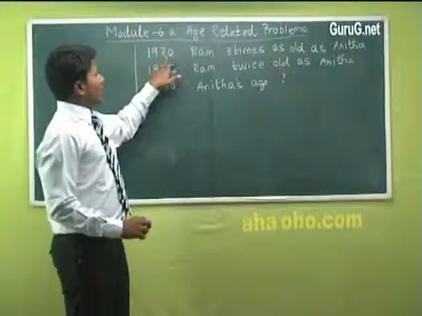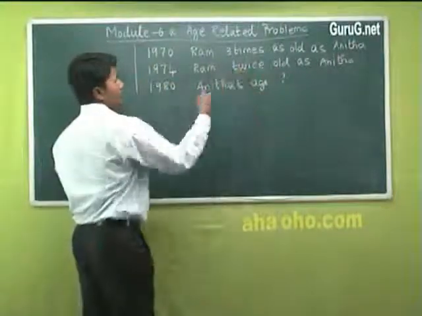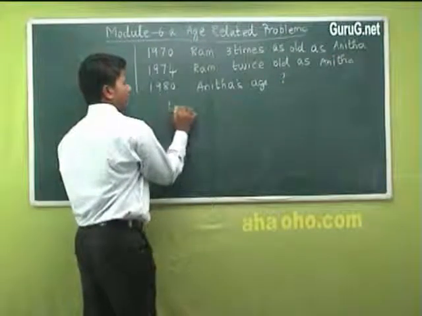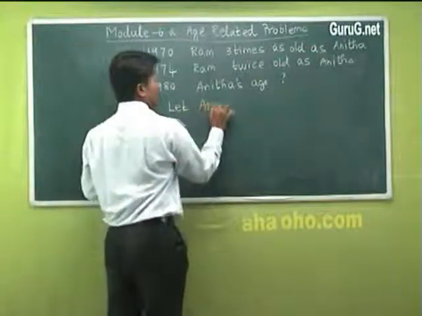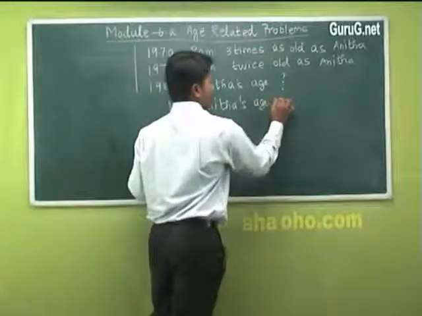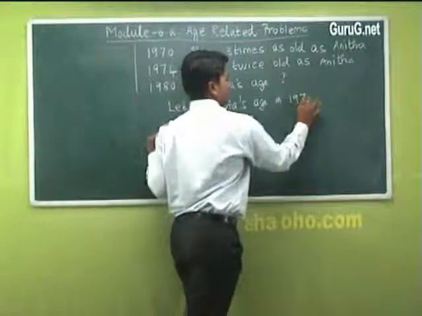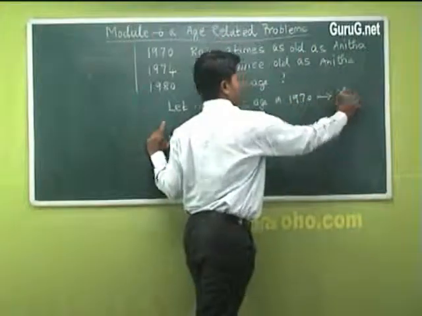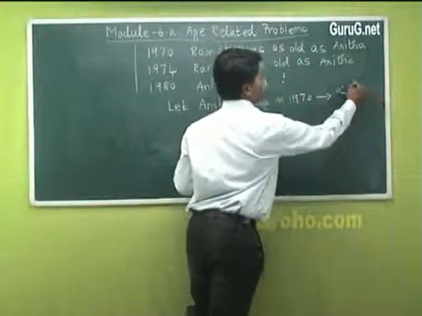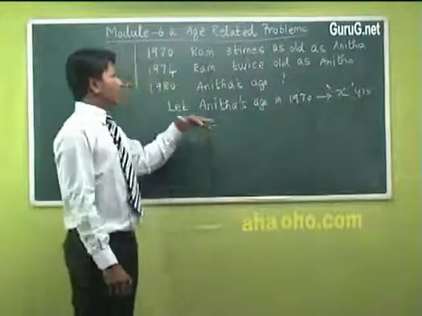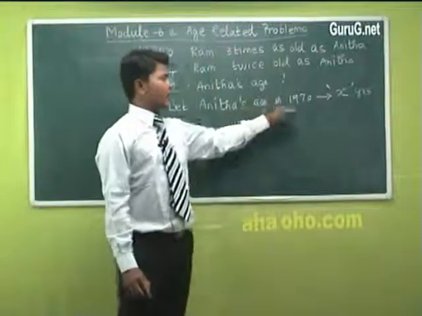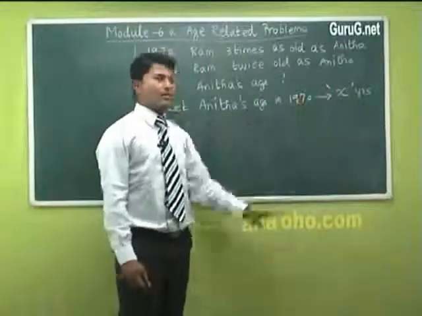Now, let us take the age of Anita in the year 1970 as x. So let Anita's age in 1970 be x years, because we will take the earliest year.